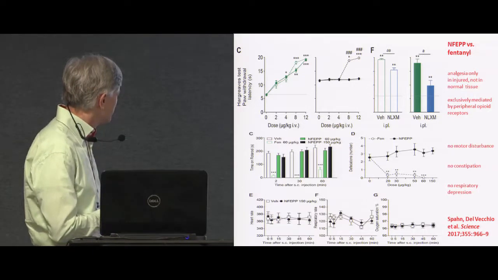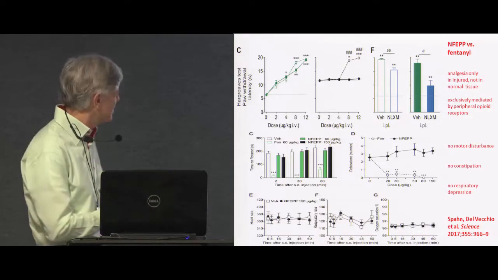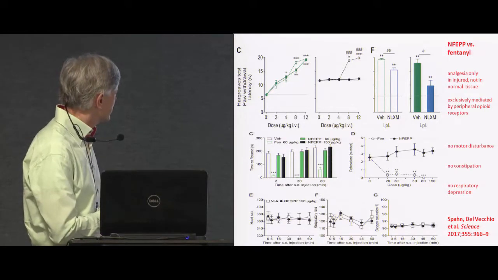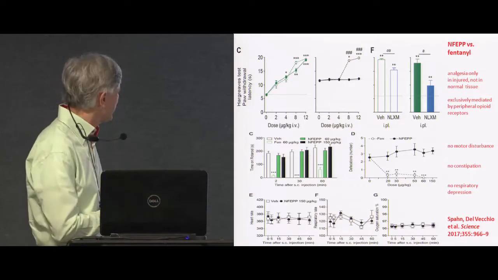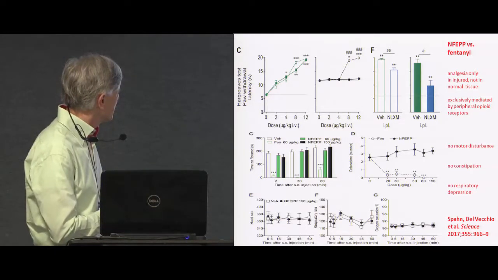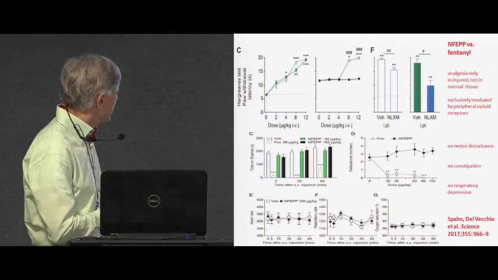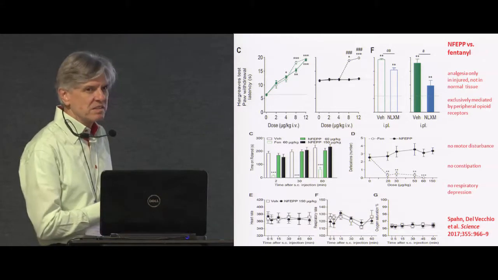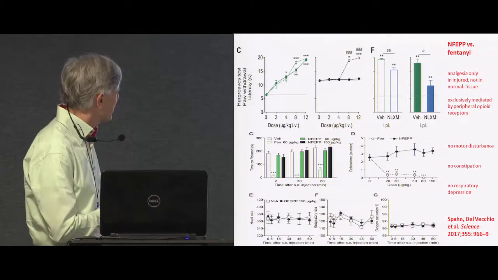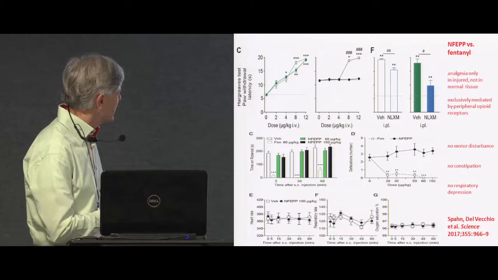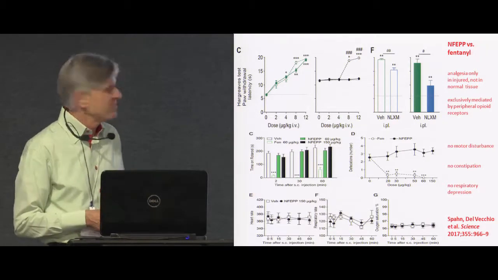This is an intravenous injection in the Randall-Selitto test. You can see there's the same, no, this is the Hargreaves test, this is heat pain, there is the same effect compared to fentanyl in the inflamed paw, this is the complete Freund's adjuvant model, but there is no effect in non-inflamed paws.